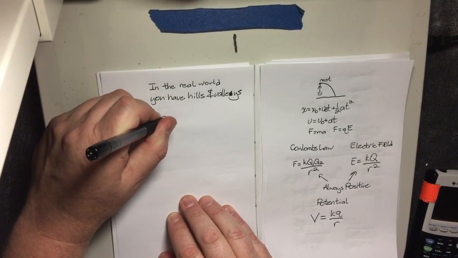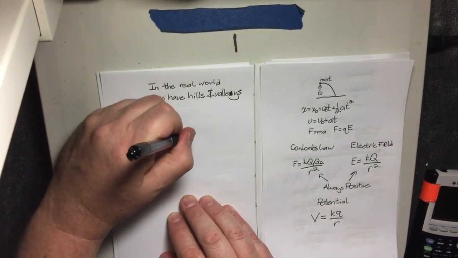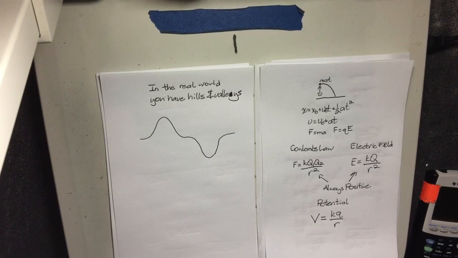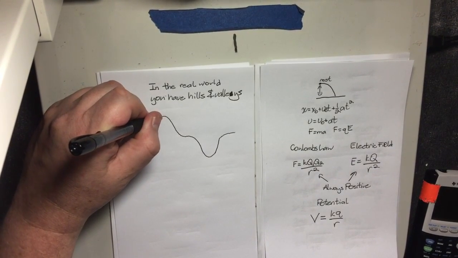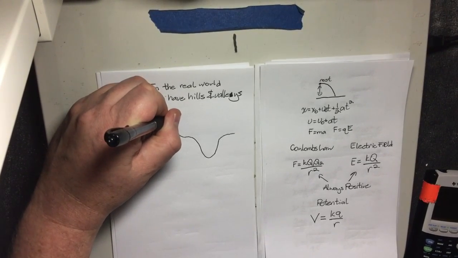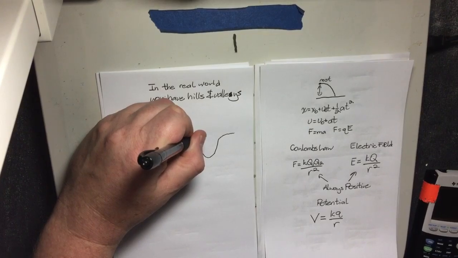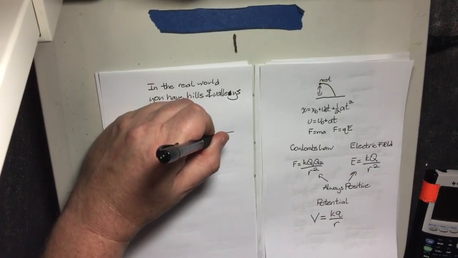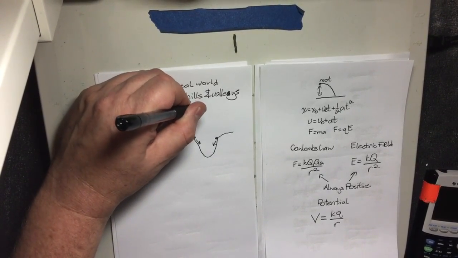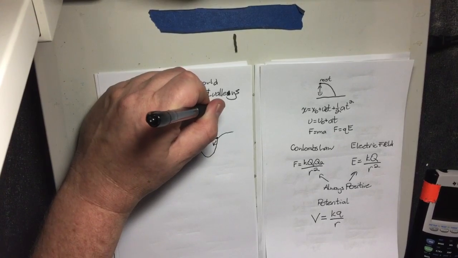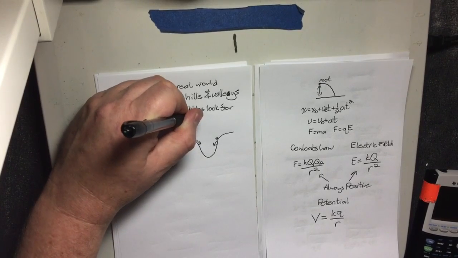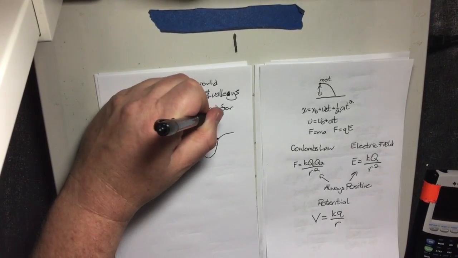And with the hill and a valley, you know that if you put a little pebble on the hill, these things always go downhill. Pebbles look for lowest potential.